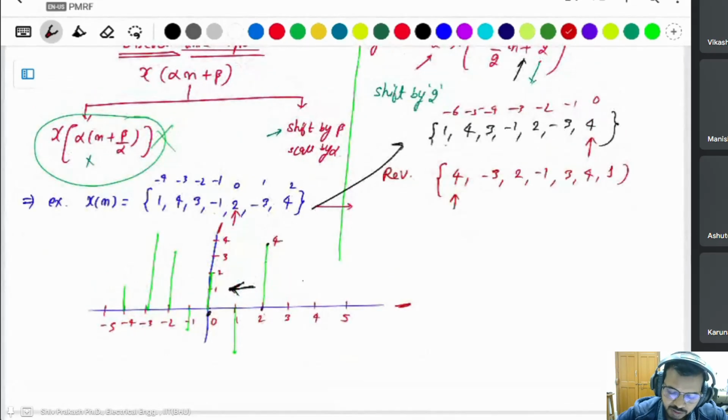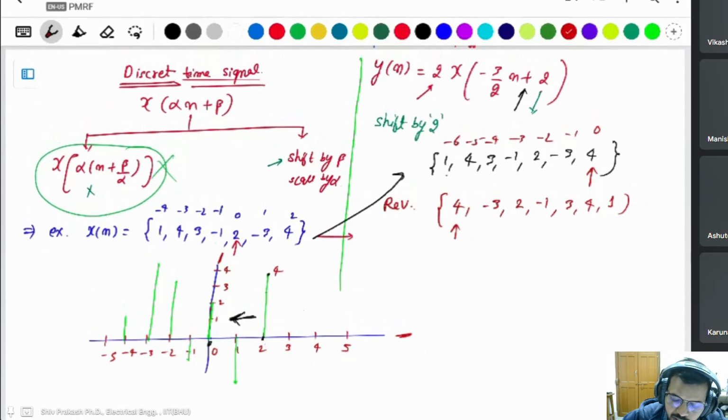Okay. After reversal, then apply 3 by 2. If you apply first this thing, 3, then division by 3. This is 0, 1, 2, 3, 4, 5, 6 position.